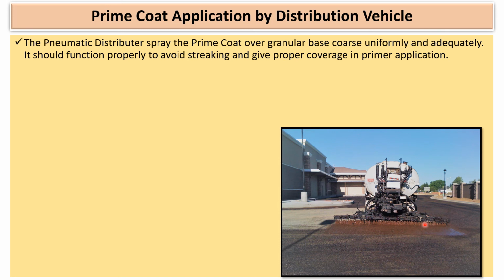Proper application needs adjustment of forward speed of the vehicle, height of the spray bar, angle of opening of the nozzle in the bar, pressure inside the spray bar, temperature of bitumen emulsion in the tank, etc.